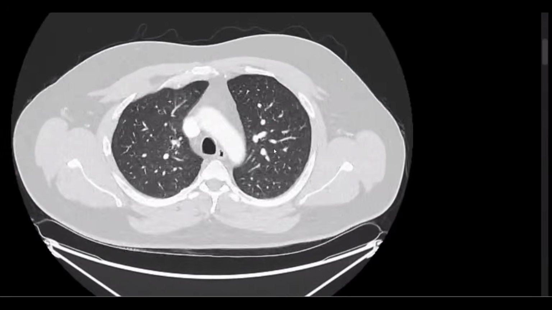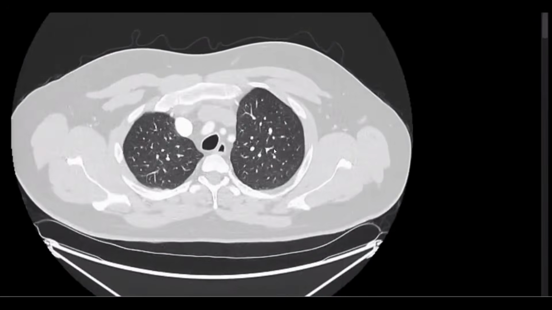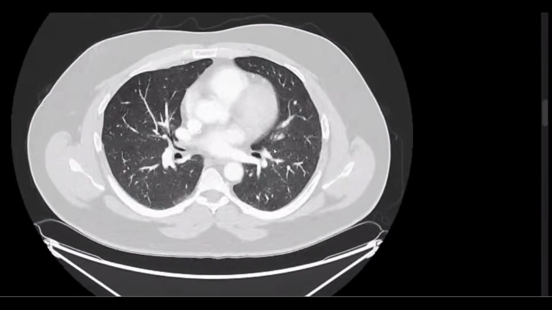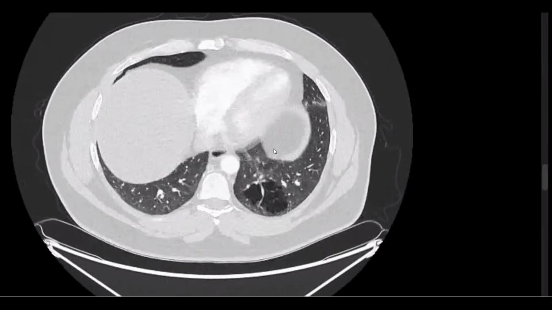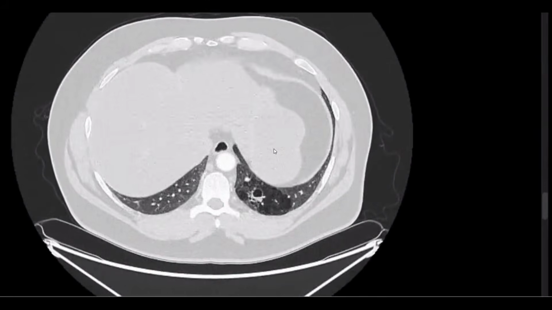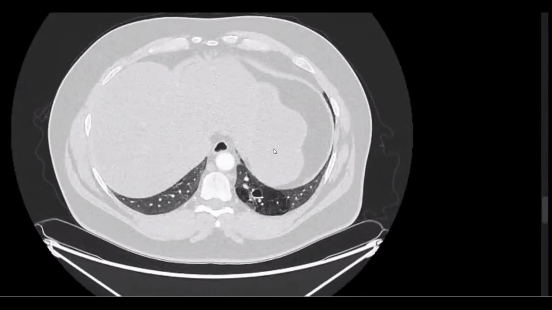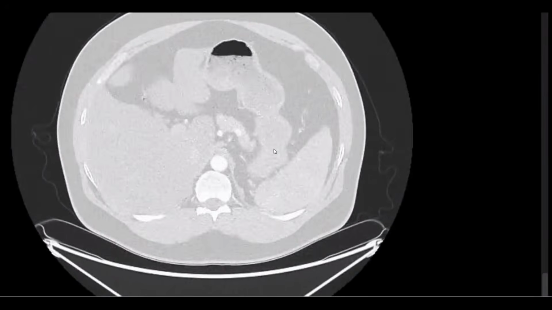First, I will scroll through the whole stack of the images. I can appreciate a lucent area in the left lower zone, which has cystic spaces and a few cavitations. I am tracing the branch.